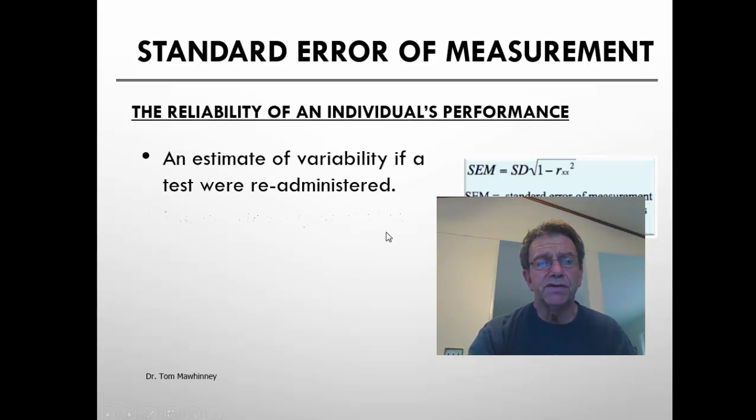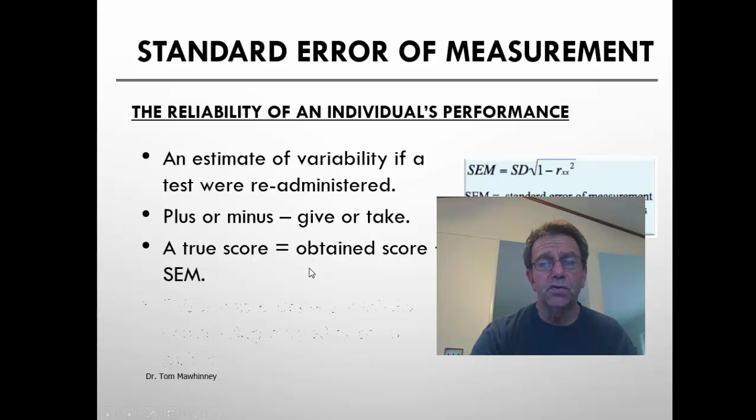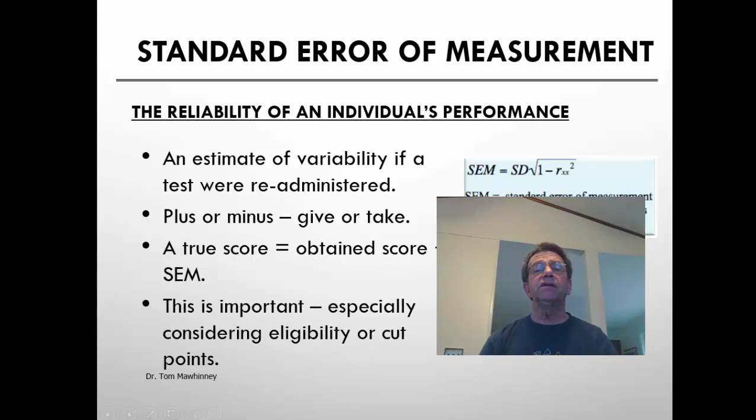Popham talks about the standard error of measurement. I think Cohen and Spencer might too. And the standard error of measurement has to do with an individual's test score. So it's the reliability of an individual's test score. It's the chance that they would get the same result if they took the test over and over again.